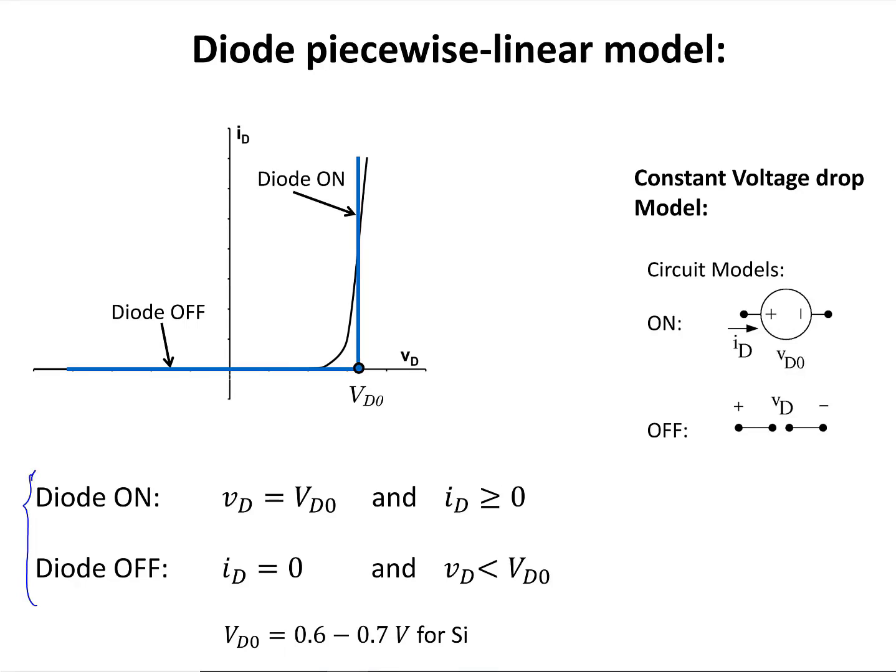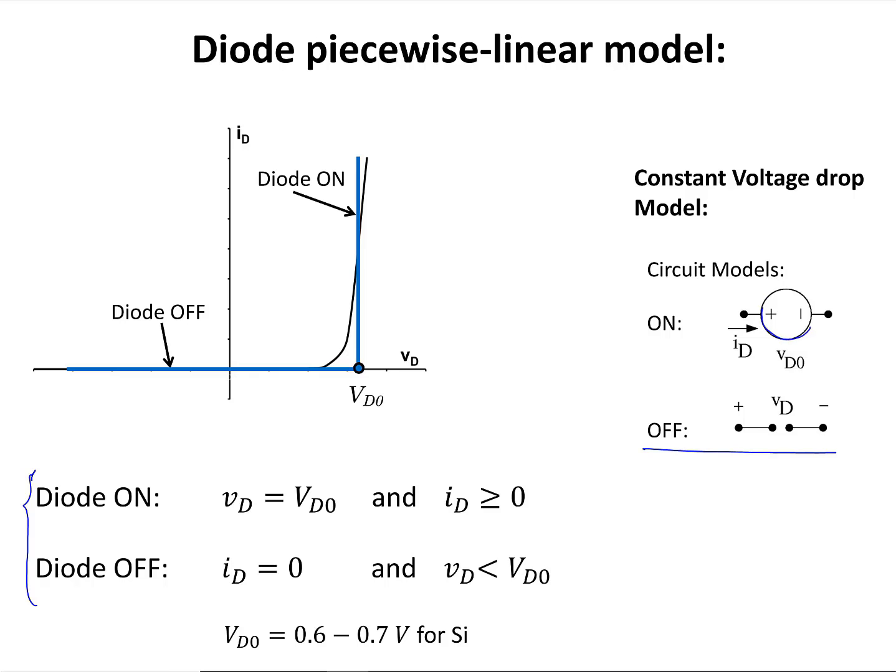These are the equations for the piecewise linear model. Diode on: VD is VD naught, ID is greater than or equal to 0. Diode off means ID equals 0 and VD is less than VD naught. For the case of silicon, the cut-in voltage or the built-in potential is about 0.6 to 0.7 volts. The circuit models that we're going to use for the diodes are, when the diode is off, we represent it with an open circuit, and when the diode is on, we represent it with a constant voltage drop model.